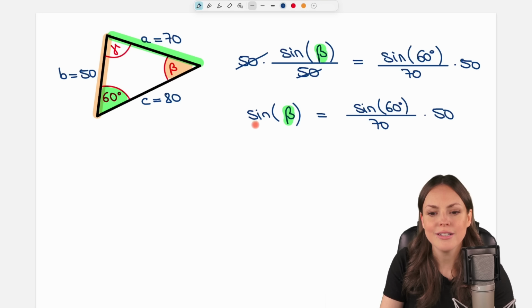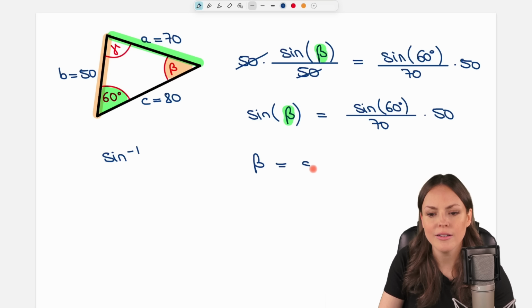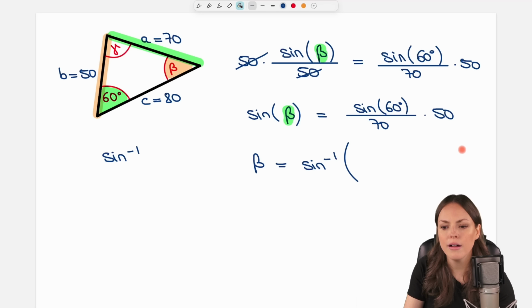We have to get rid of the sine here now, so we can use the arc sine on both sides. So the inverse sine, which is sine to the power of -1 on both sides. If we apply this here, the sine will disappear and only beta is left. But we also have to apply it on the right side. So we have sine to the power of -1 of this beautiful expression.